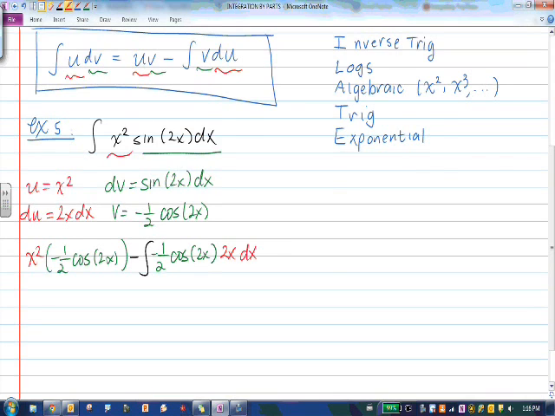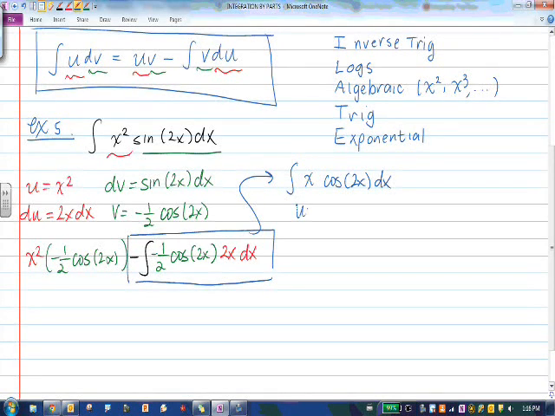Again, we want to take a look at the integral and see if we can go ahead and integrate that. The problem is, it's actually not that easy. So if I simplify this, I get the integral of x cosine of 2x dx. Guess what? It's another integration by parts.